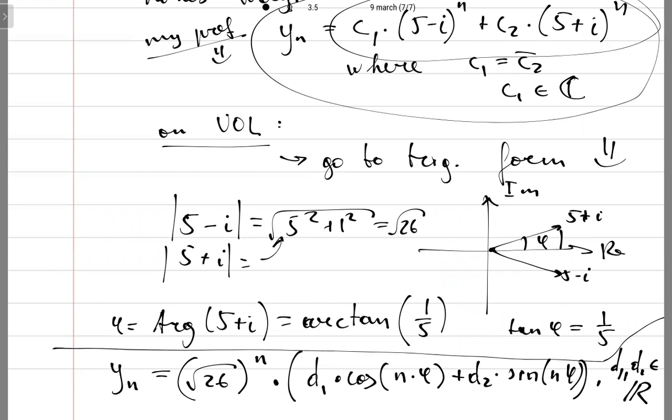Just believe me, cosine of n times arctangent of 1/5, that's ugly, but they like it. Maybe it checks whether you can go from complex numbers to real numbers. Any questions?